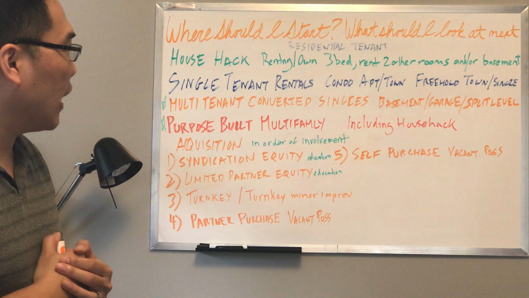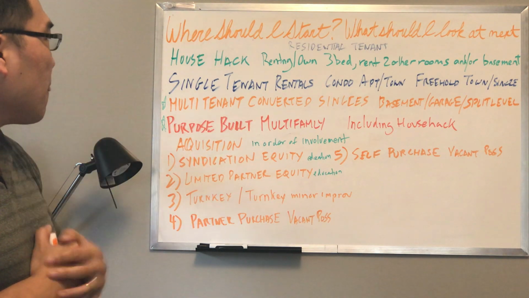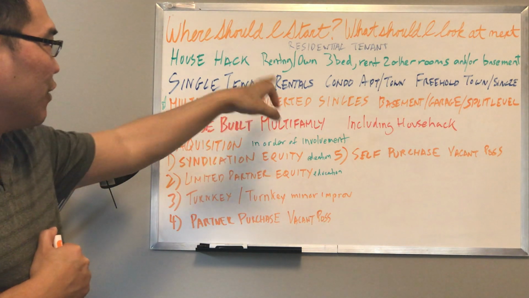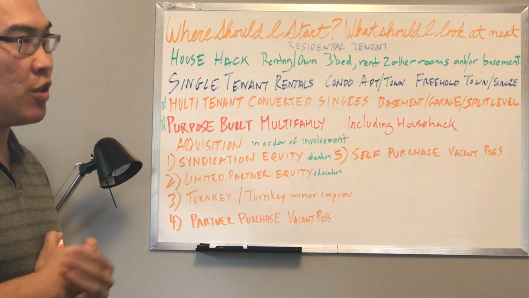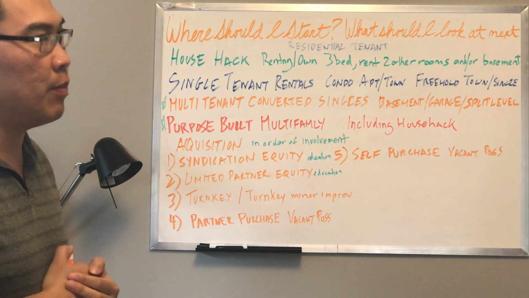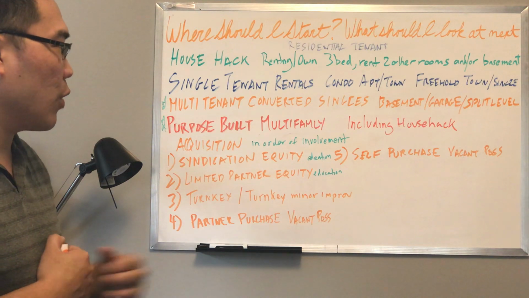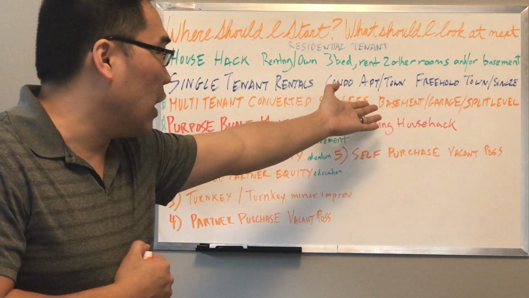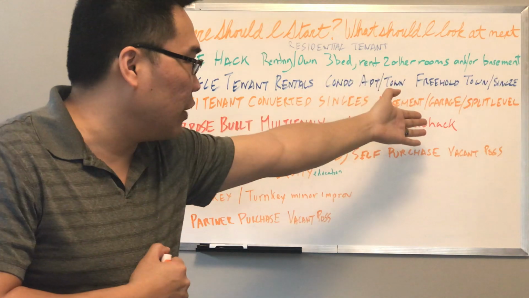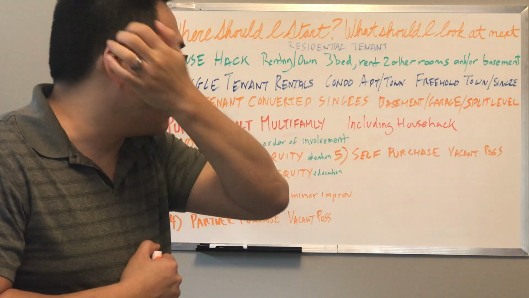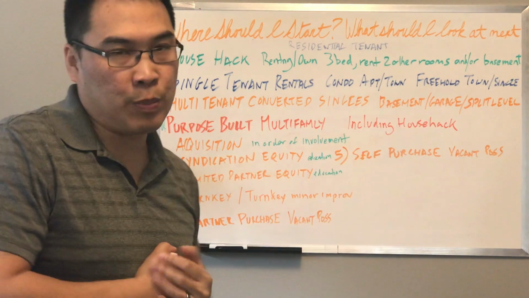And then when you want to get a little bit more advanced, multi-tenant converted singles. These are single-family homes with multi-story or even single-story where you're renting out the basement. A separate tenant in the basement, separate tenant in the garage, which is not common, but I've seen it, or split level.